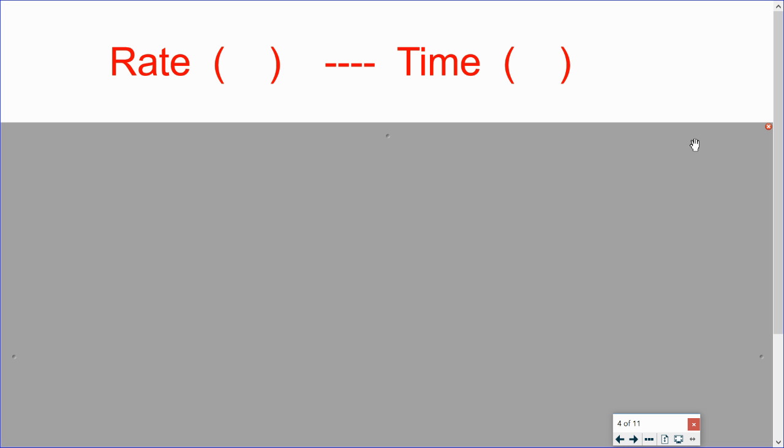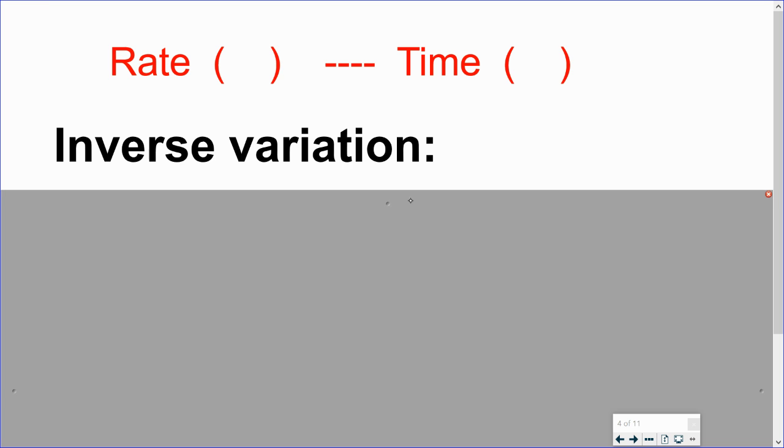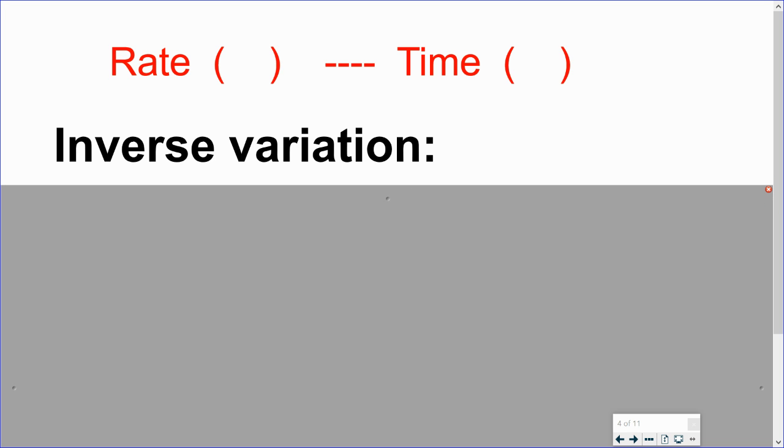Now, if we talk about the rate and the time of a trip, okay, so let's see. If your speed is great, then the amount of time you take on a trip goes down. So fast speed, less time. So this is time, this is rate.